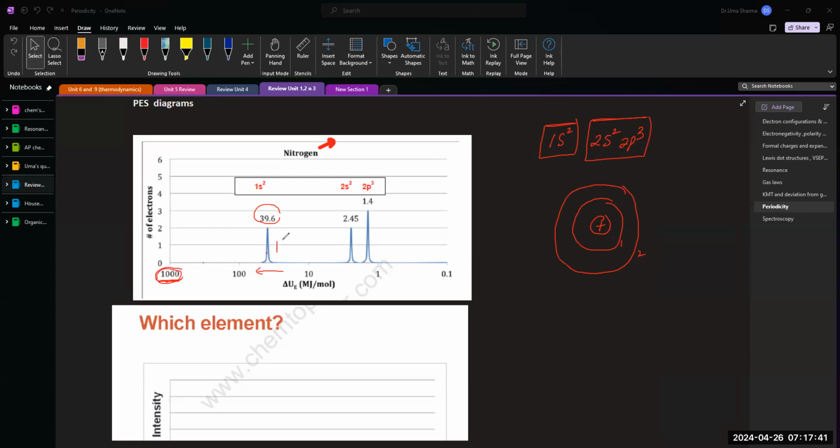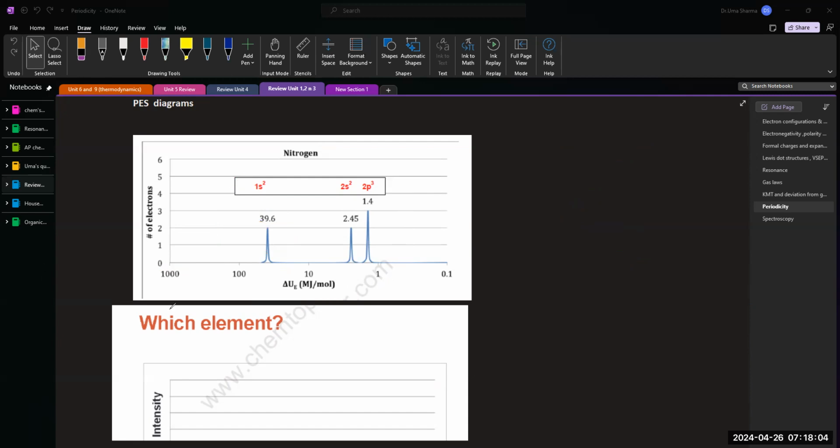This is 1s2, children. And shell number 2, 2s and 2p, are together, so they will be closely placed. 2s is higher than 2p. Are you understanding this picture? Is it clear? Can you answer this question?